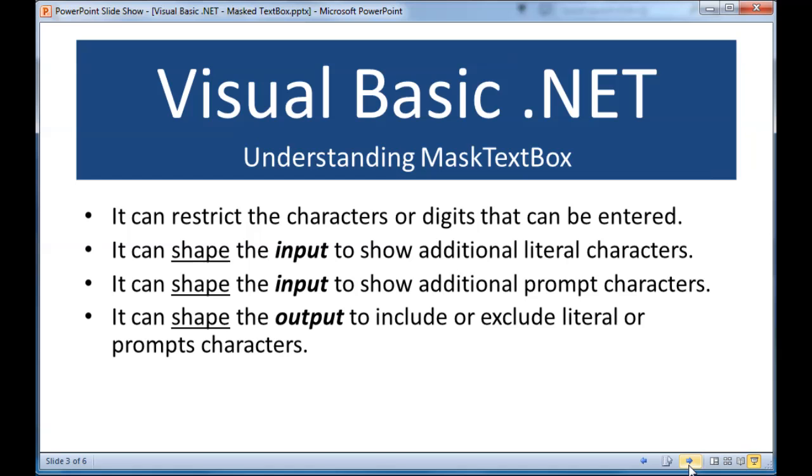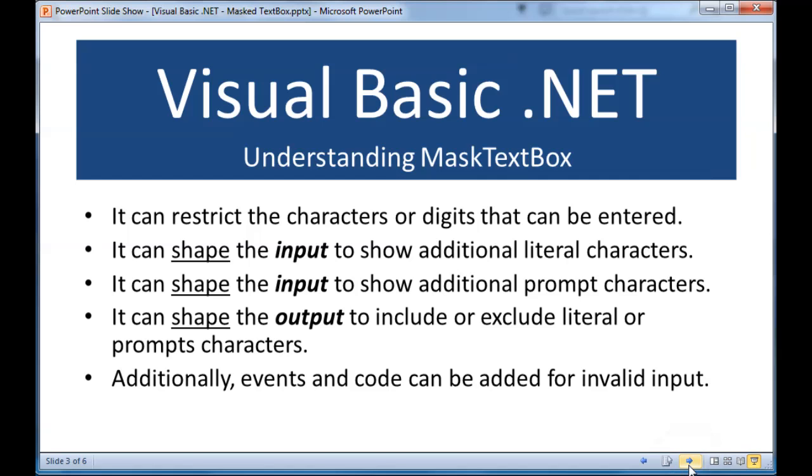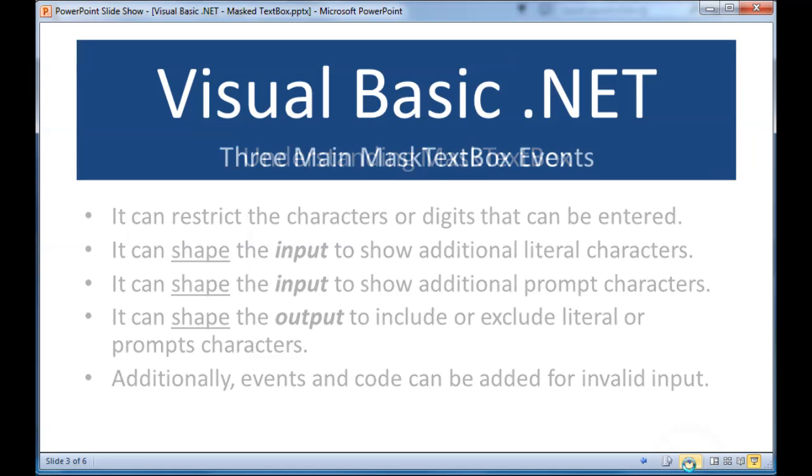So we can shape the input as well as shape the output, as well as control the characters being inputted. Additionally, I can then code for some key events that are associated with the mask text box and validate the input, and also apply my business rules that I might have for the data being entered in.